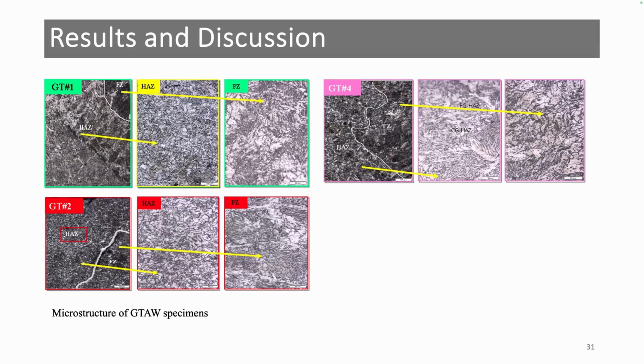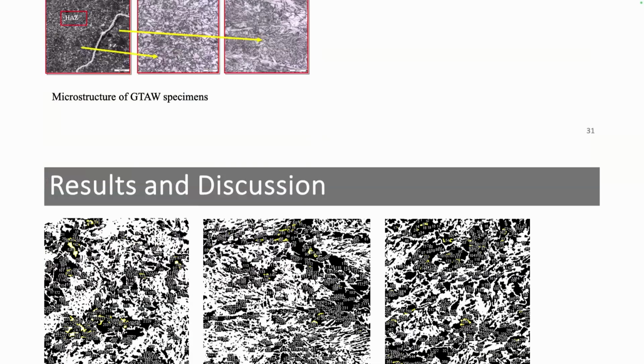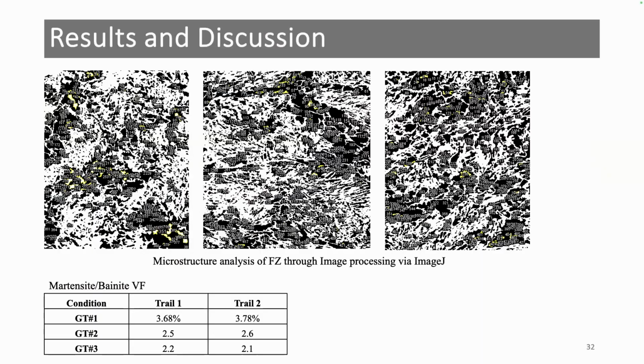Therefore, we're still not sure about the fusion zone, whether it contains martensite or bainite. But we use that software program in order to analyze the weight fraction of this formed phase. And we found that this hard phase is decreasing with increasing the heat input.